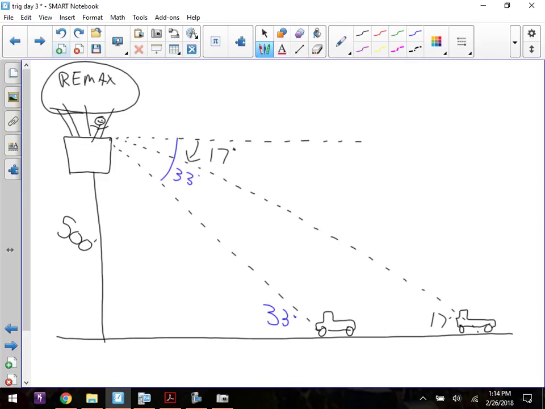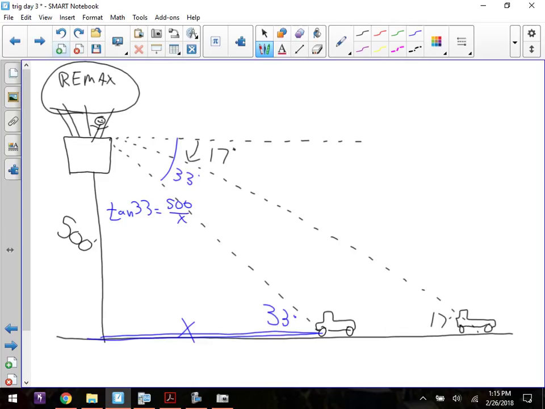Now, I can use what trig function to figure out this distance from here to here? Tangent. I would use tangent to find this one because I have an opposite and I'm trying to find the adjacent. So I have tangent of 33 is my opposite over my adjacent.